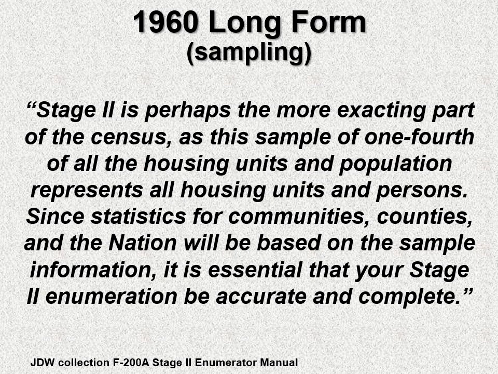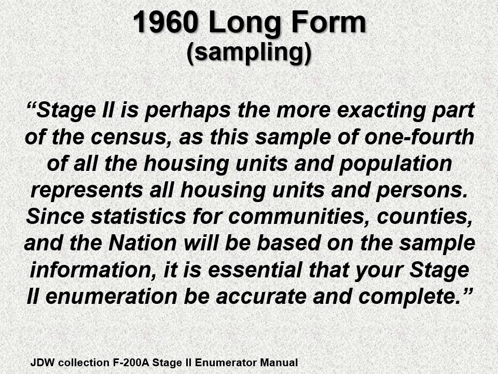Let's look at the long form in stage 2. So when the enumerator comes to your house and picks up the ACR, then 1 out of 4 housing units and group areas are given the long form to fill out. 1 out of 4, 25%.